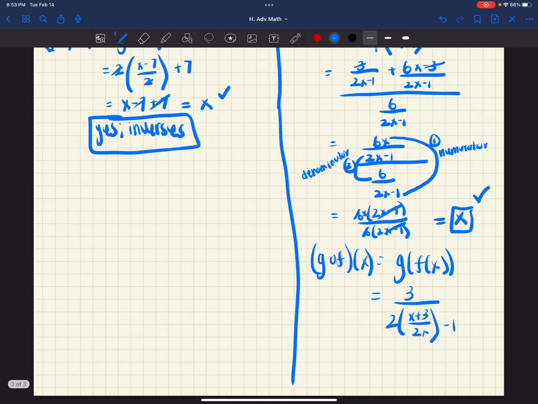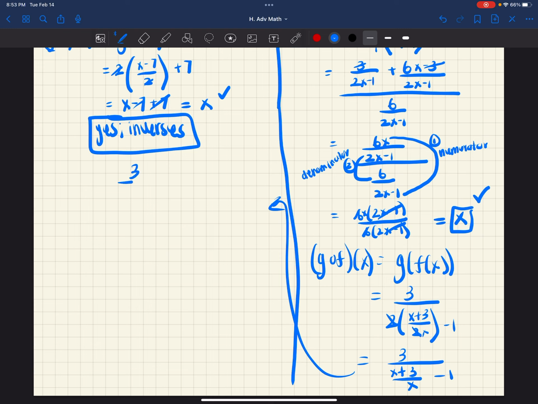Again, we're going to get some complex fractions going here. But we should be able to do it. This is going to be 3 over here. You should realize that this can eliminate out with this. So you would have x plus 3 over x minus 1. I'm going to bring this off to this side because I'm running out of space.